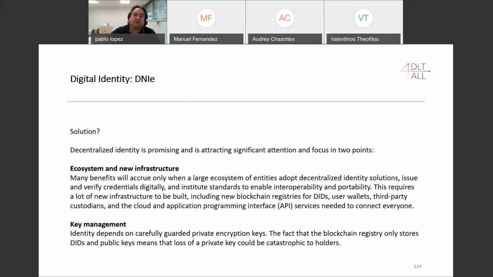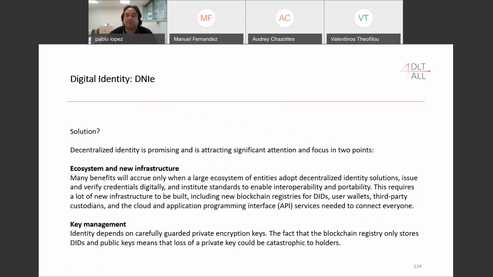With all this, we talk about digital identities, user wallets, third-party custodians, cloud applications. We need to decentralize all these identity solutions, and key management. Identity depends on carefully worded private encryption keys.